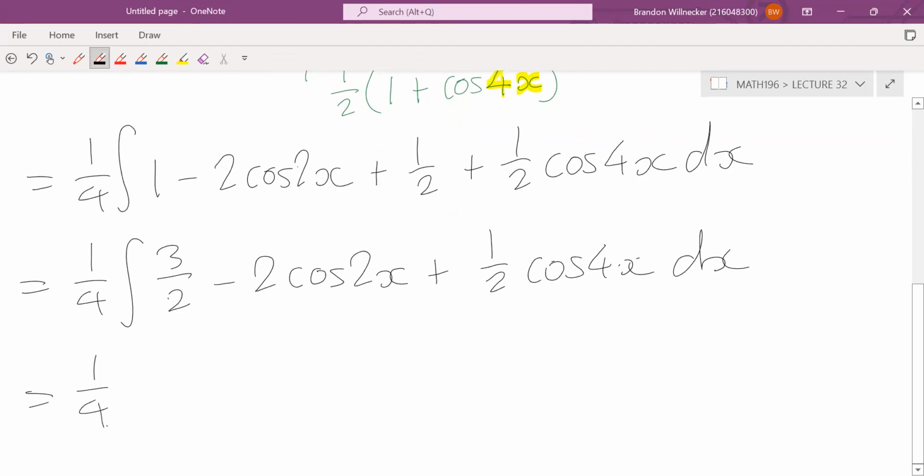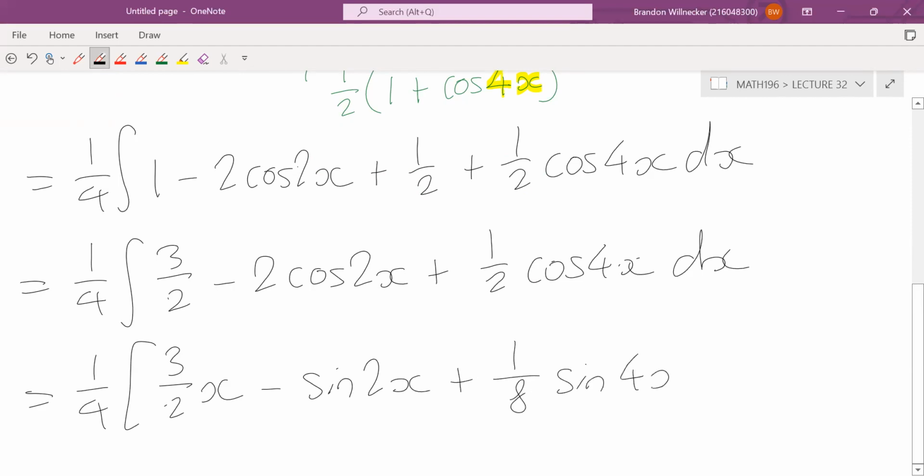So that will be 1/4 of 3/2 x minus sine 2x plus 1/8 sine 4x plus c.